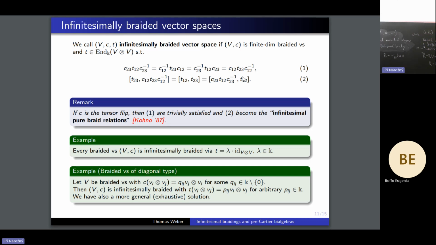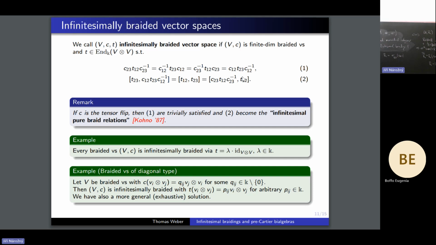And 2 gives you something that is known in the literature as the infinitesimal pure braid relation. Those were studied by Ono, and there is a connection to Etingof-Kazhdan quantization, so those are very famous in the literature. But for us, of course, this definition is much more general. We can take any braided vector space, and this will give you something.